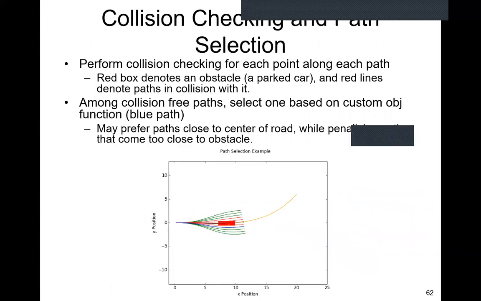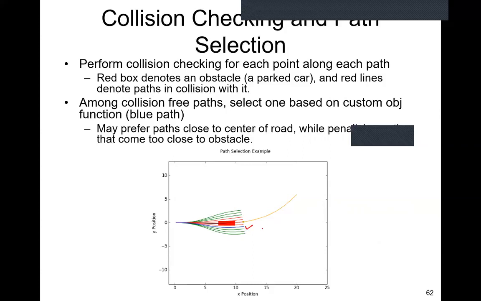You can see that the red paths have a collision with the red obstacle. So you can remove them, and among the remaining collision-free paths, you select one based on a custom objective function, such as maybe we choose the blue path.